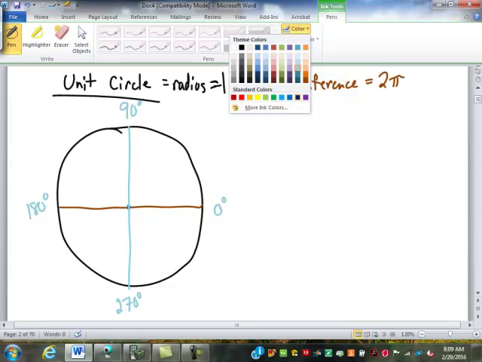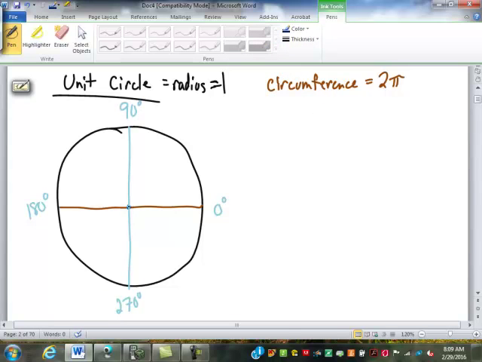But anyway, if we have an angle, let's just pick whatever angle we want here. Let's call this 35 degrees. That angle intersects the unit circle at this point.